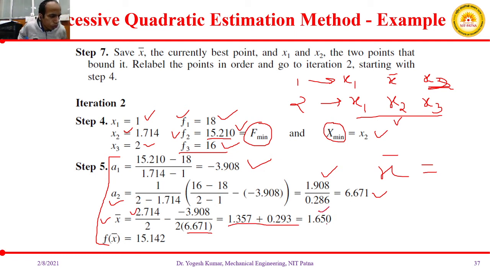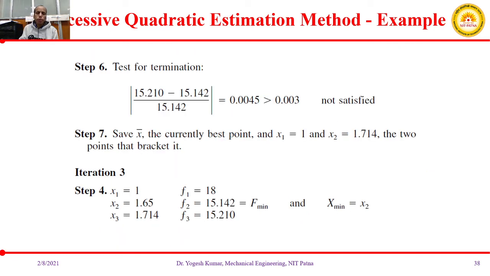I hope you can calculate it easily. Since we have calculated the value of x bar, we can again calculate the value of the function at this particular point. So fx bar is equal to 15.142.